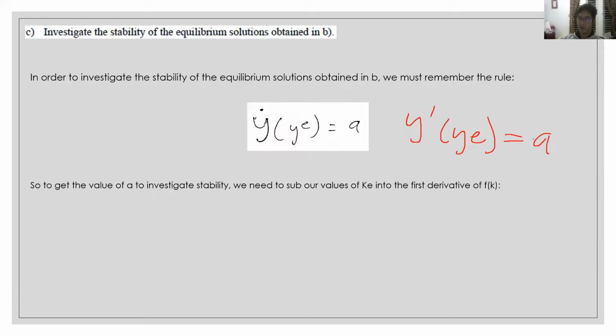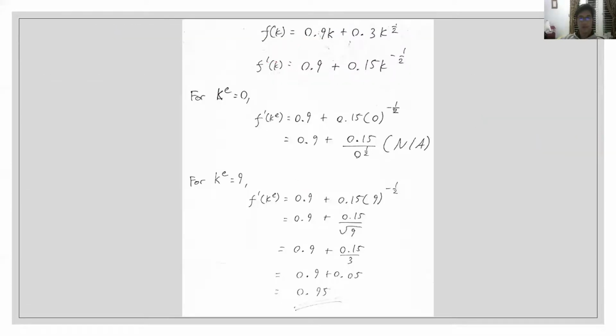And from a, alpha, we can determine if it's bigger or smaller than 0, which will give us the stability. So to get the value of a, we must first derive our Fk into the first derivative right here.